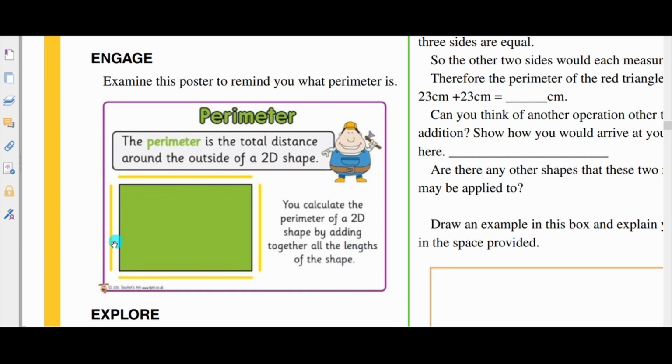So here we have this shape, and we go this side plus this side plus this side plus this side, and that would give us a total distance around the shape. So what's perimeter? It is the total distance around the outside of a two-dimensional shape.